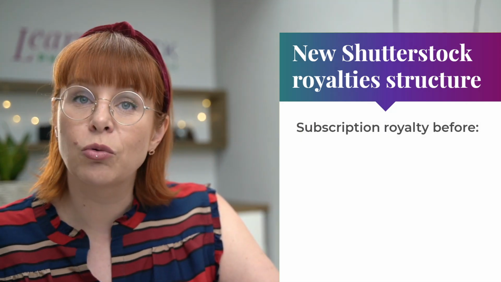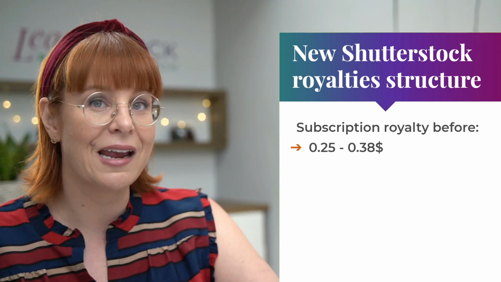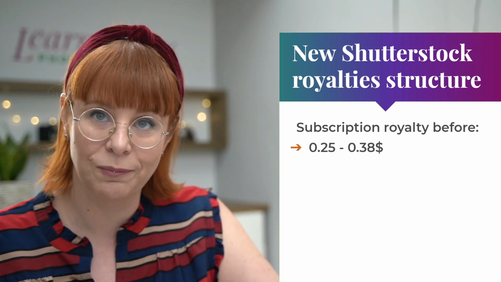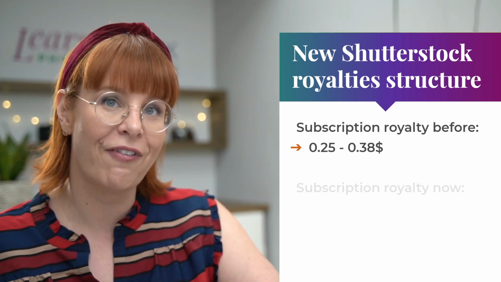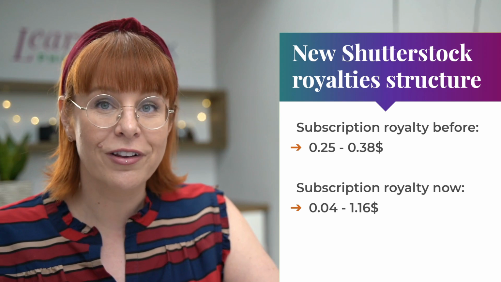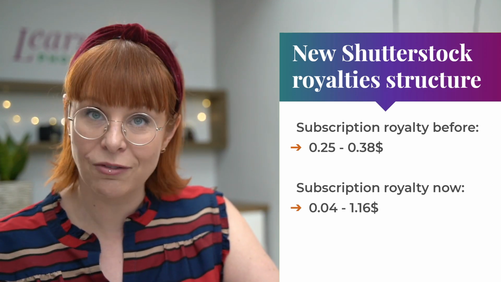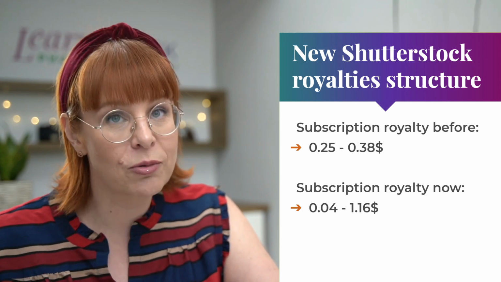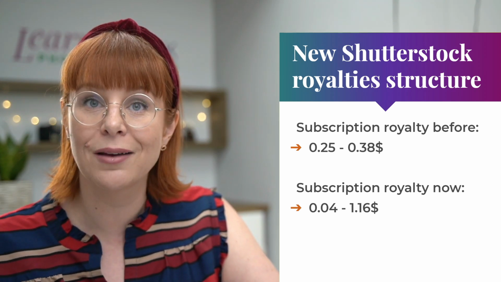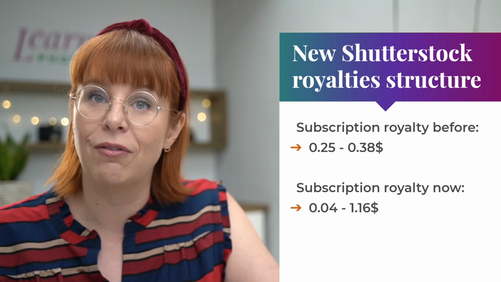Subscription royalties beforehand were 25 cents to 38 cents, depending on your level. Now we have more factors to consider. Subscription royalties are going to vary from 4 cents to $1.16 based on the yearly level you're at and on the subscription model the client who buys the image is on. So now we have a much bigger variation.